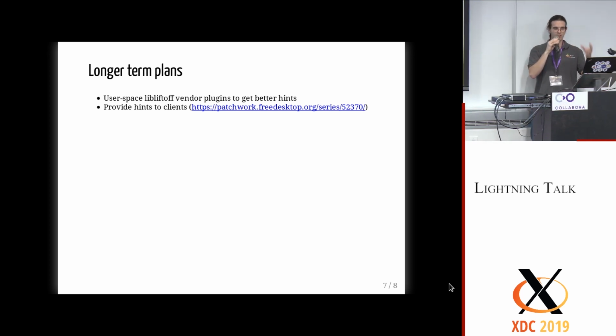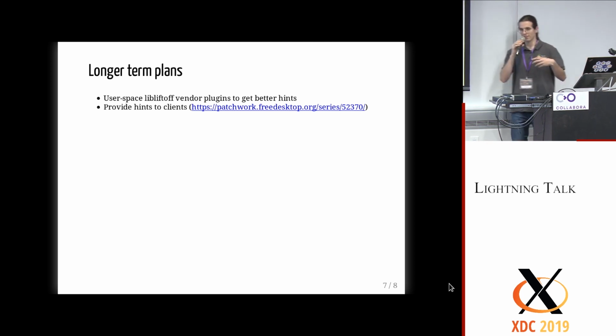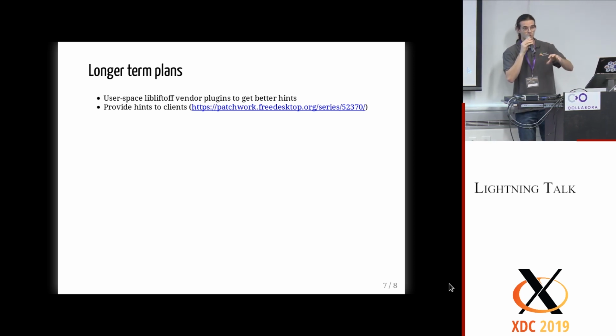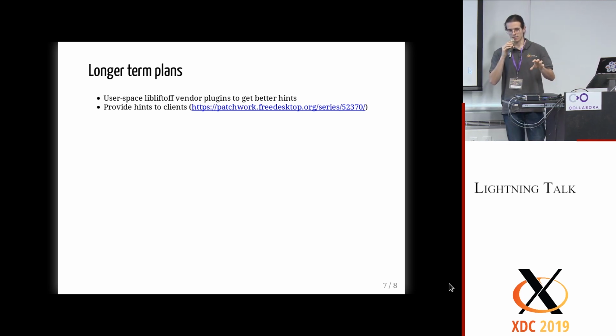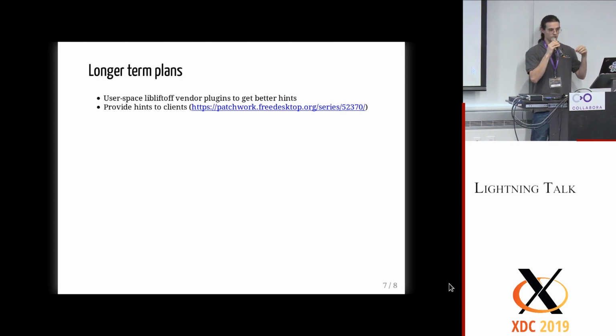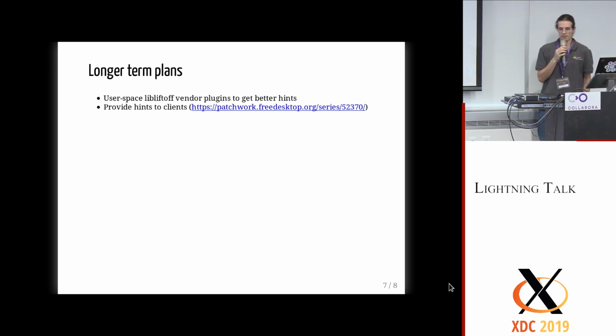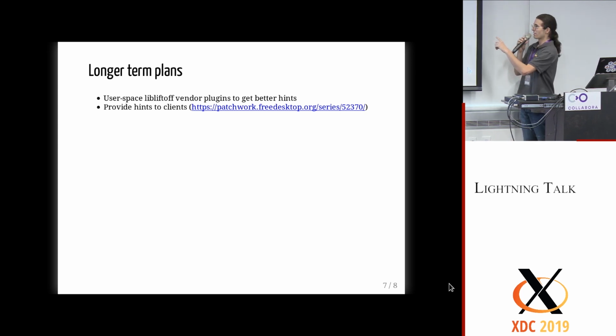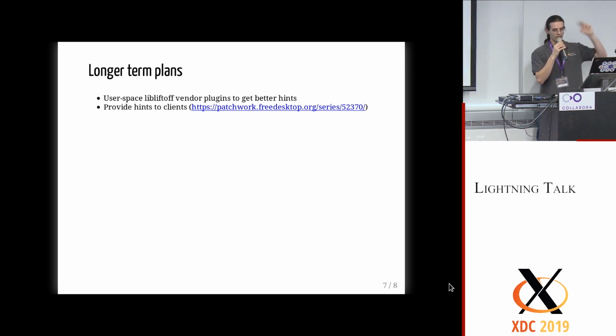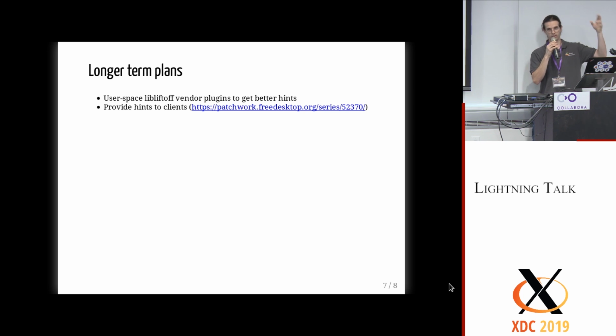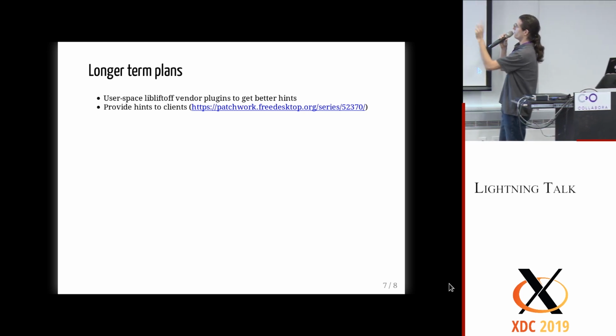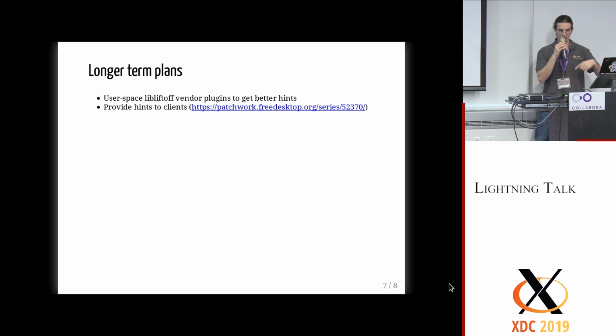And so it's related to the second point, which is that the compositor should say to clients, hey, you're using this format, but if you were using this other format, I could put you on a plane, and that'd be really cool. So I have a patch to change the Wayland protocol to be able to do this. To provide these hints, it will be easier if we had better knowledge of the driver. So having vendor plugins would help provide better hints too.